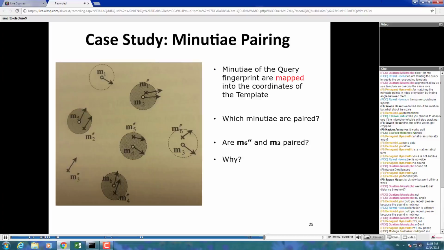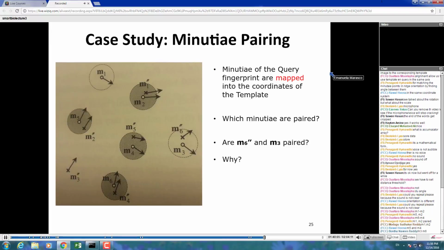As you are writing, M3 and M6 don't pair. M6 and M4 pair, 4 and 5 pair, 2 and 1 pair, and 2 and 5 pair. So there is a minutia which doesn't have a corresponding one. And this is how the algorithm works.